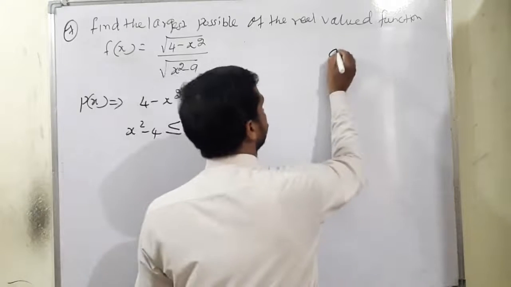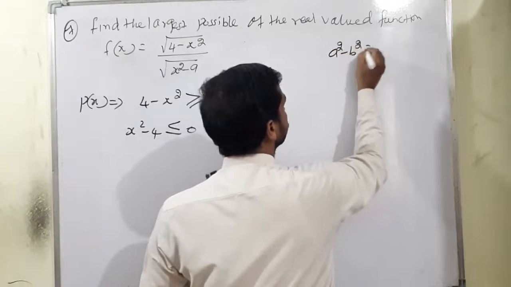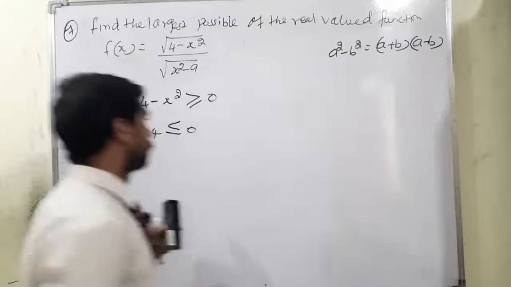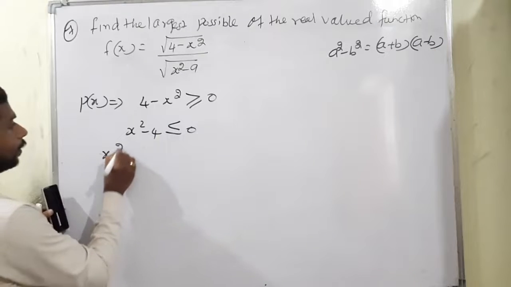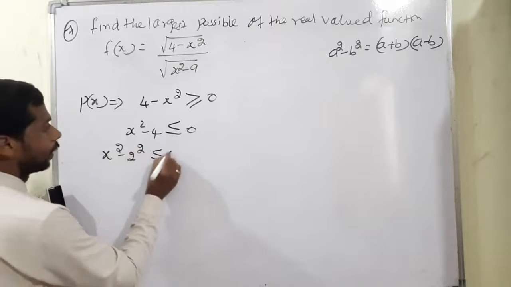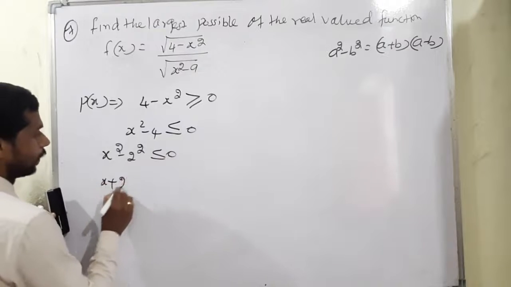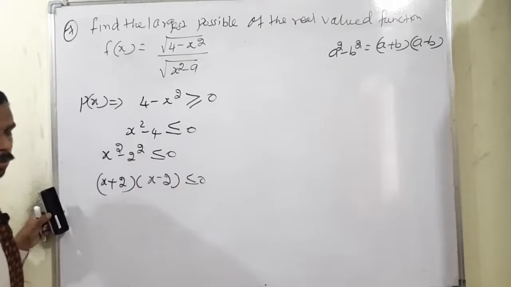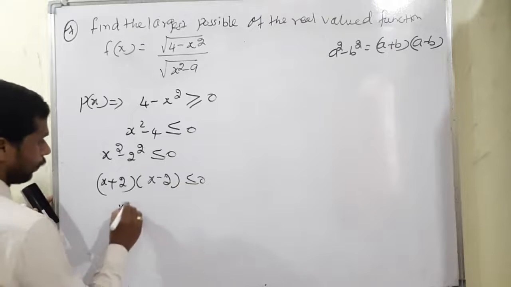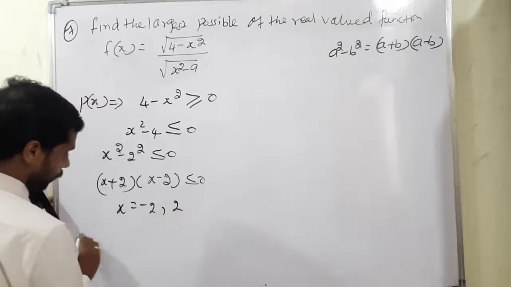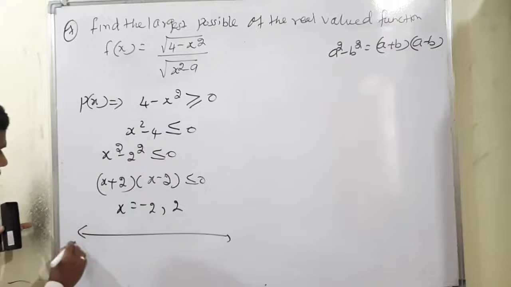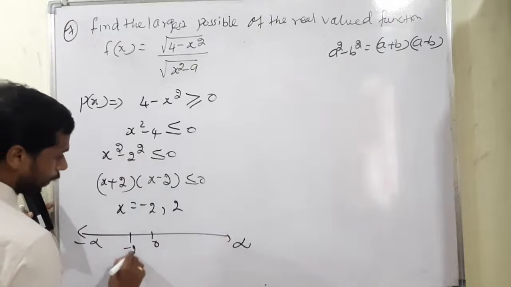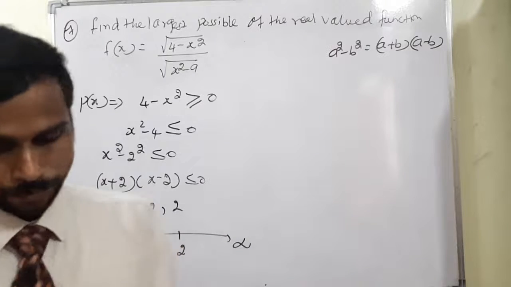Already you know a square minus b square is equal to a plus b into a minus b. Therefore x square minus 2 square is less than or equal to 0. This is x plus 2 into x minus 2 less than or equal to 0. Then x is equal to minus 2, positive 2. Take it on the number line, minus infinity to positive infinity, center 0, minus 2 to positive 2.